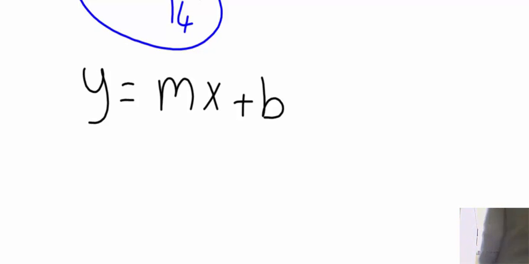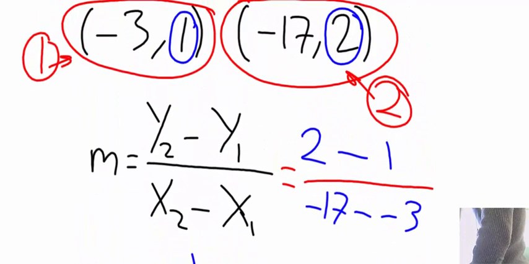Now, what am I going to write down for y? Let's go all the way up. Pick one of the points. It doesn't matter which, you can pick this or this. I don't like to deal with big numbers. Minus 17 seems to me a big number, and minus 3, 1 is a smaller number, so I'm going to go with this one.